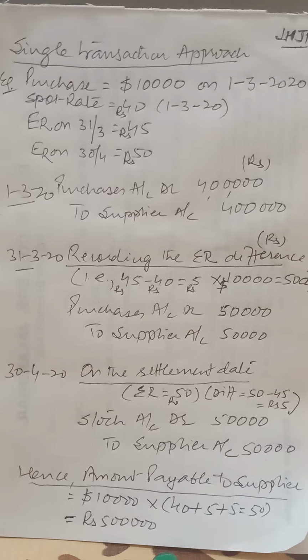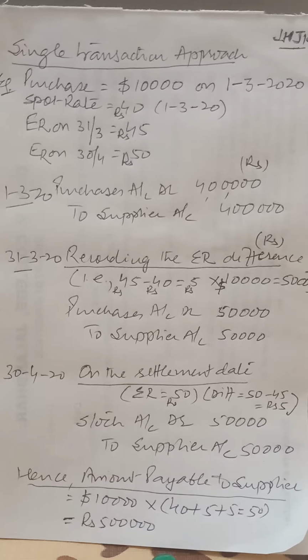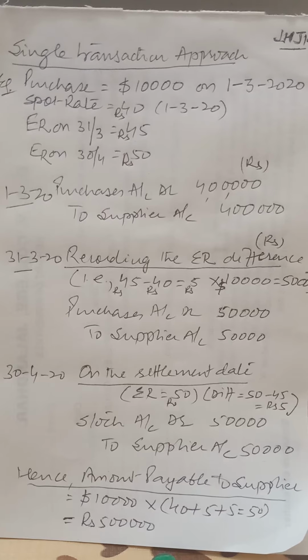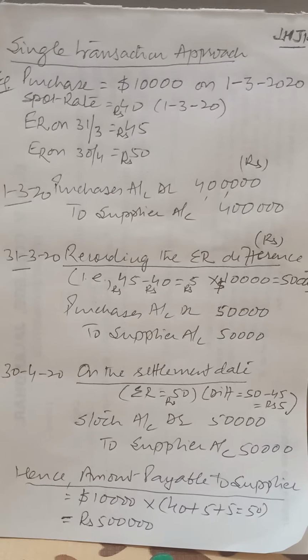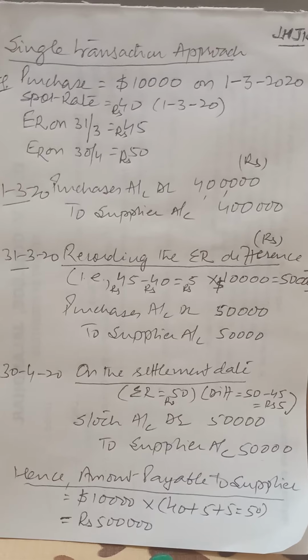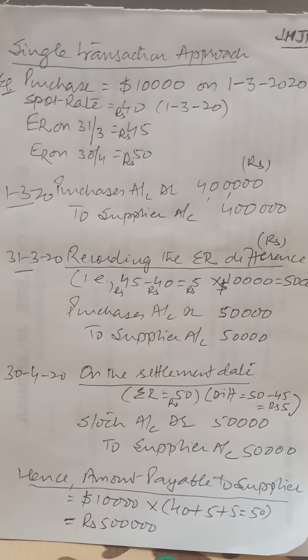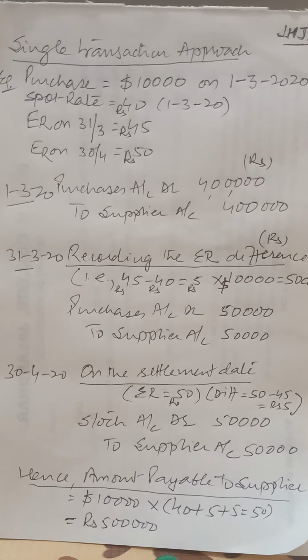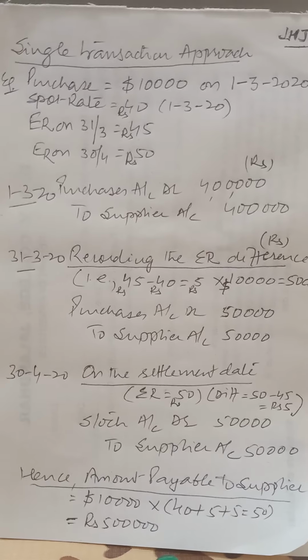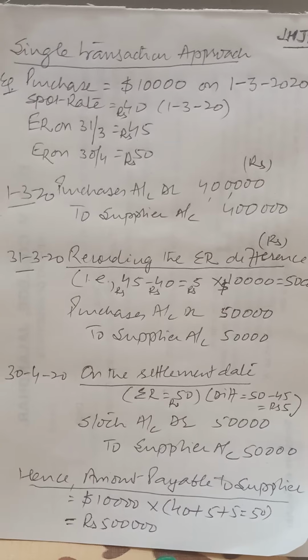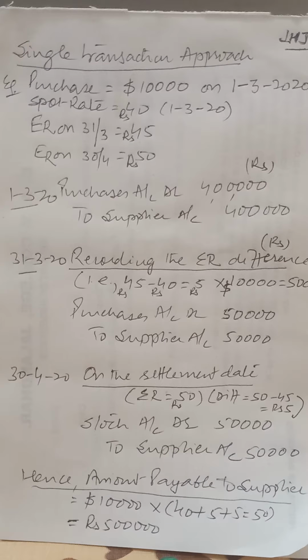The exchange rate at the year end, 31st March, is 45 rupees. And the exchange rate on the date of settlement is 50 rupees. So how to deal with the exchange rate difference on 31st March and 30th April?